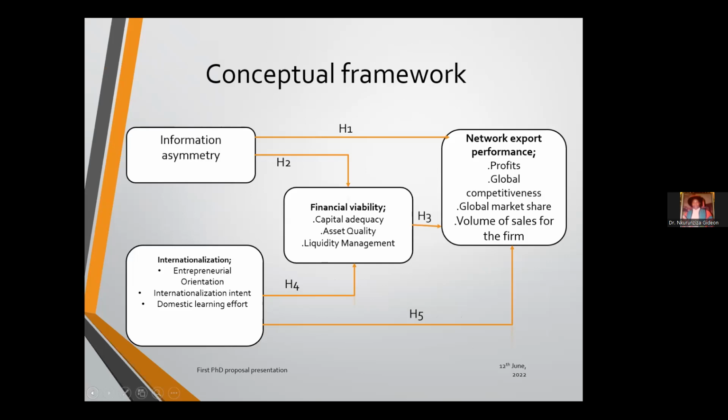I know a number of previous studies have focused on export performance, and yours is network export performance. Now, you must bring out a clear distinction, especially on the measures, so that you don't risk taking off that network export performance.